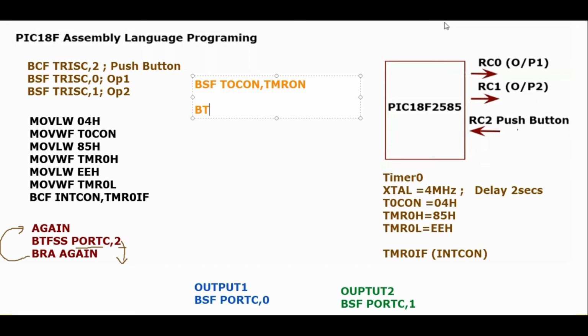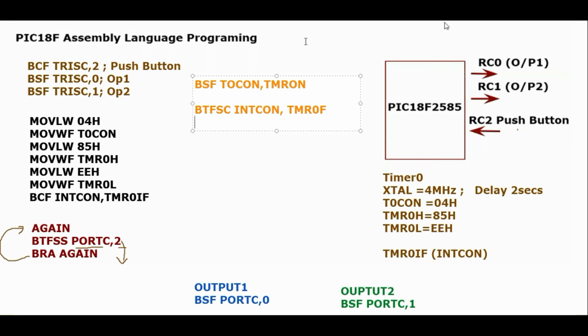We will check using bit test file skip if clear: is the timer 0 IF bit, which is present in the interrupt control register, still 0? That means the timer is not expired.